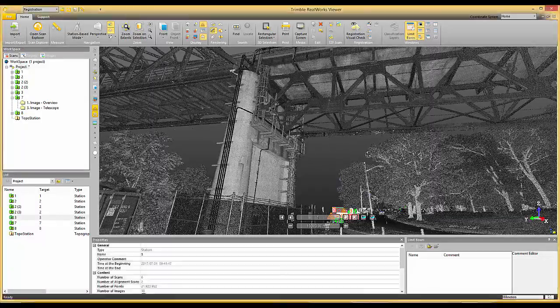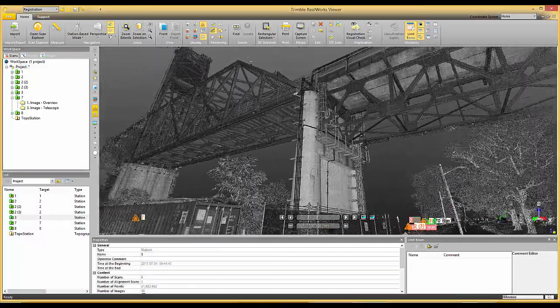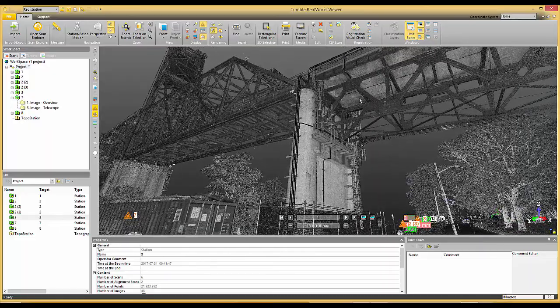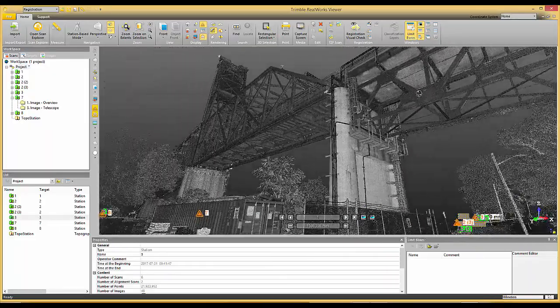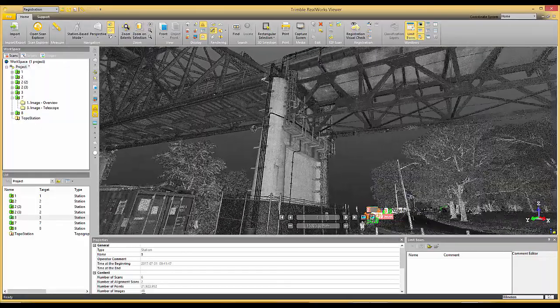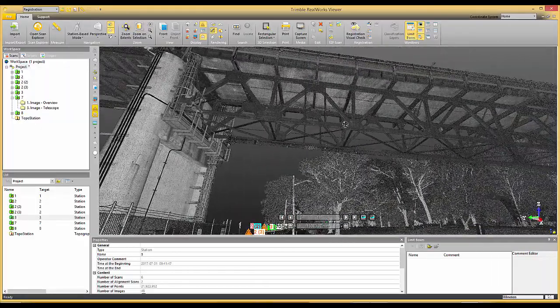All right, this is going to be the final moments of the video, I think. You just saw a video clip of the scanner in operation on this side of the river, scanning this part of the bridge. You can clearly see the size of these bridge structural components.